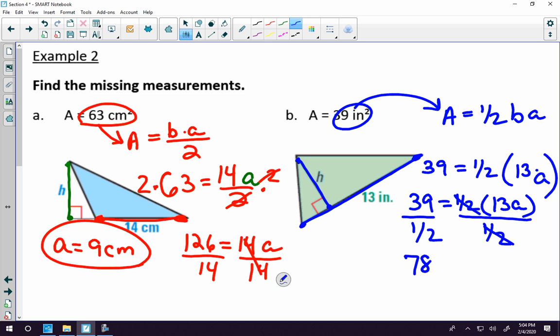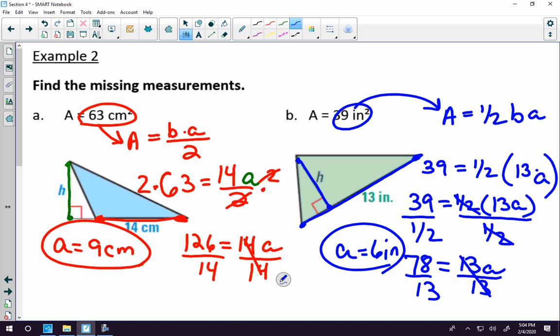So it's got to be 78 equals 13 times A. Divide both sides by 13, and we're going to get the altitude of this triangle. It's got to be 6, right? Sorry, I was doing that mental math. My brain's struggling. 6 times 13 is 78. So the altitude of this triangle is 6 inches.